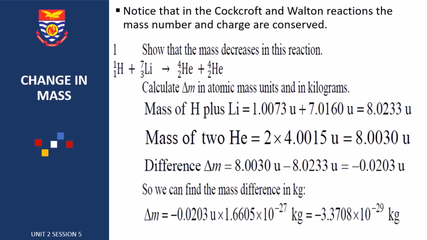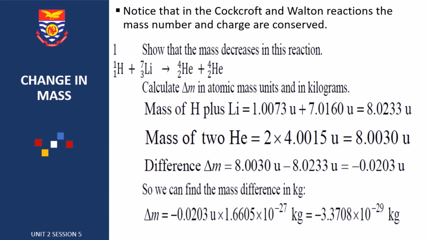So as you can notice from Cockcroft and Walton's reaction we showed in the previous slide, the masses are conserved. The masses of reactants are the same as the total masses of the products.